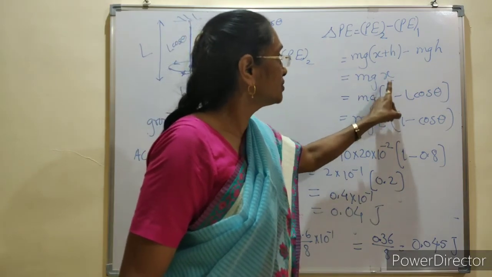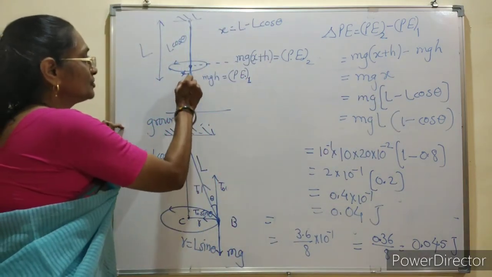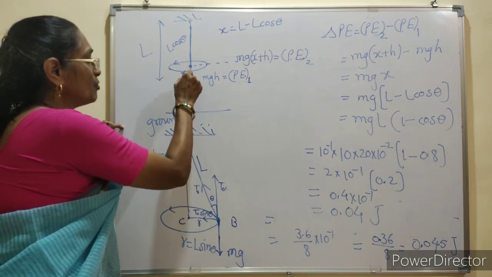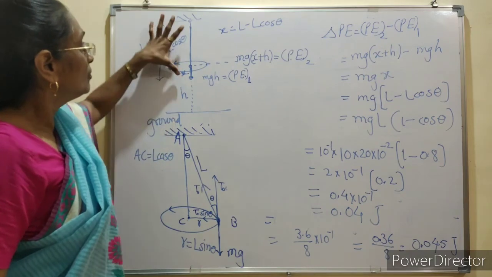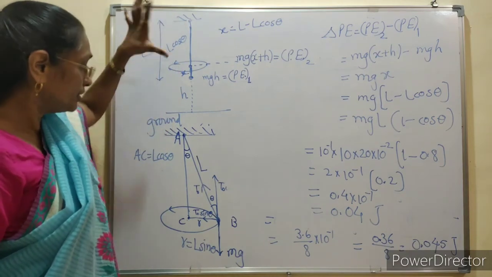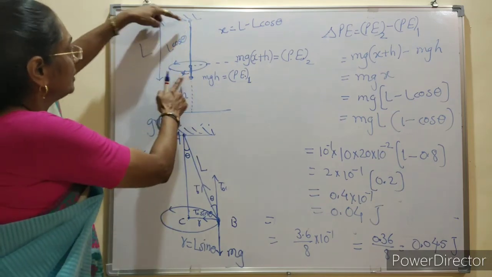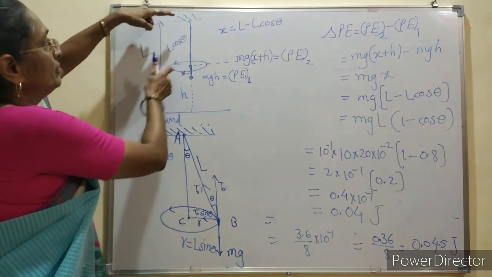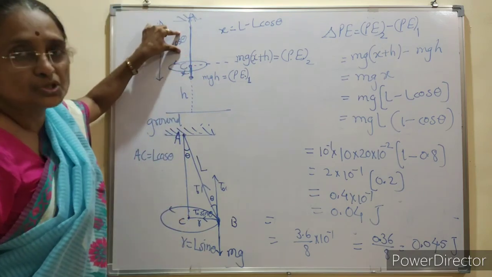But x also you have to understand. X means this distance through which the bob is raised from the horizontal plane. It is from the geometry of our conical pendulum. The original length is L and we have taken the length AC as L cos theta.